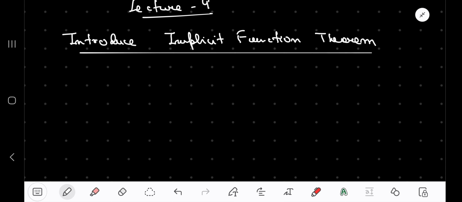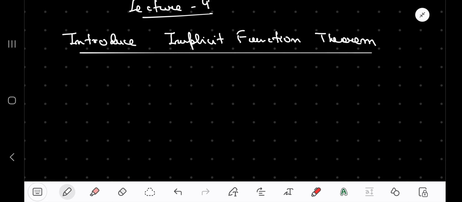The implicit function theorem is typically a bit confusing when you go through a book or a written note, because you often get confused between the coordinates and the points and what it actually means to talk about an implicit function theorem.